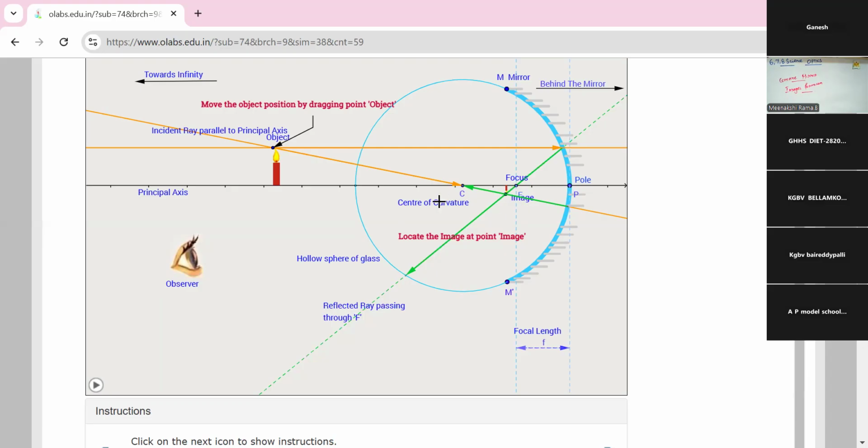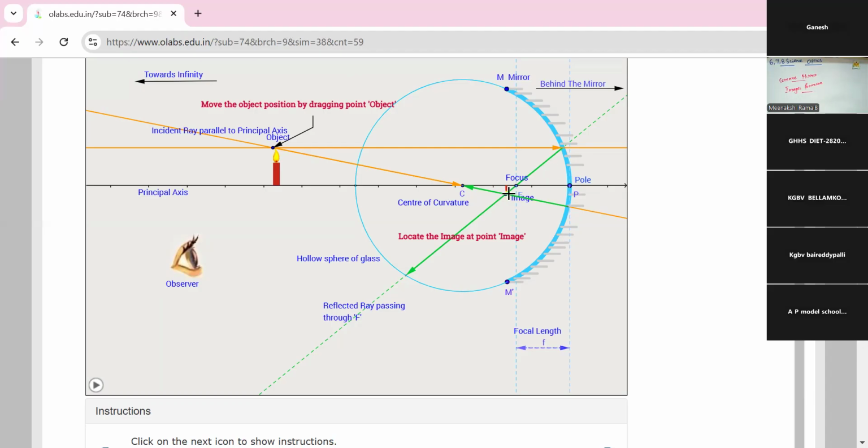What is the pole point? What is the center of curvature? What is the principal axis? And then the principal focus, that is letter F. A beam of light incident parallel to the principal axis, after reflection from the spherical mirror, meets at a fixed point on the principal axis.